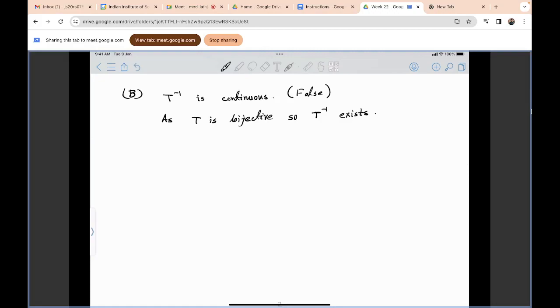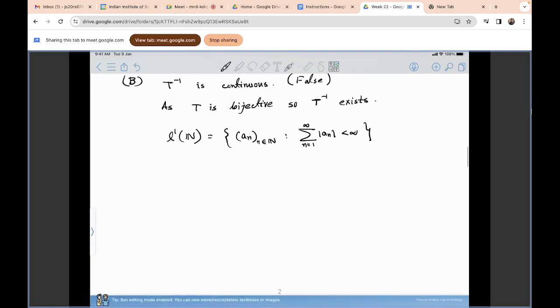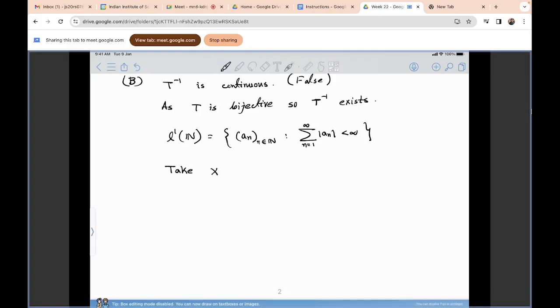So let's take X to be, first define L1 of N. This is a sequence space such that the sequence is summable. Inside L1, we define the norm.